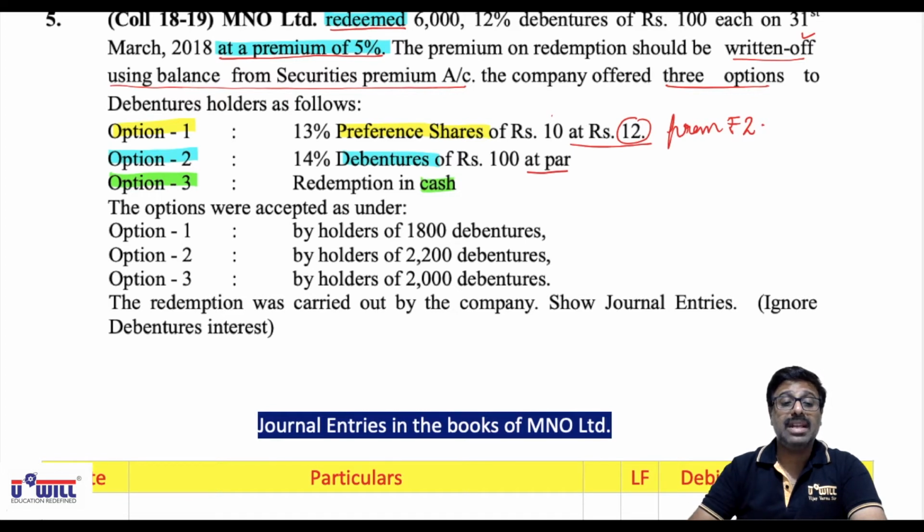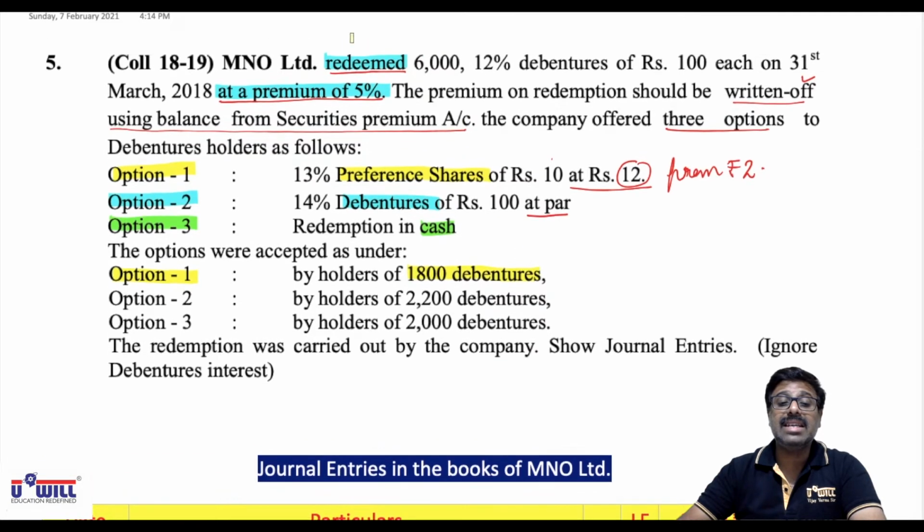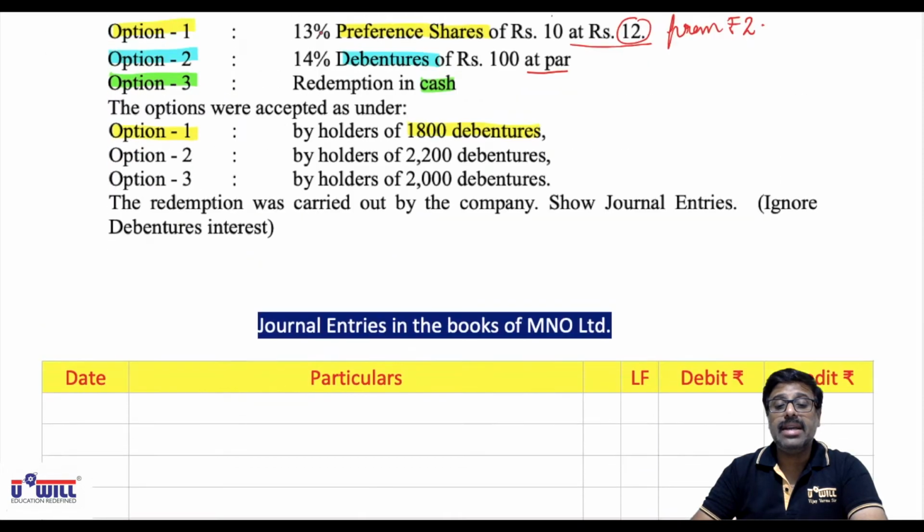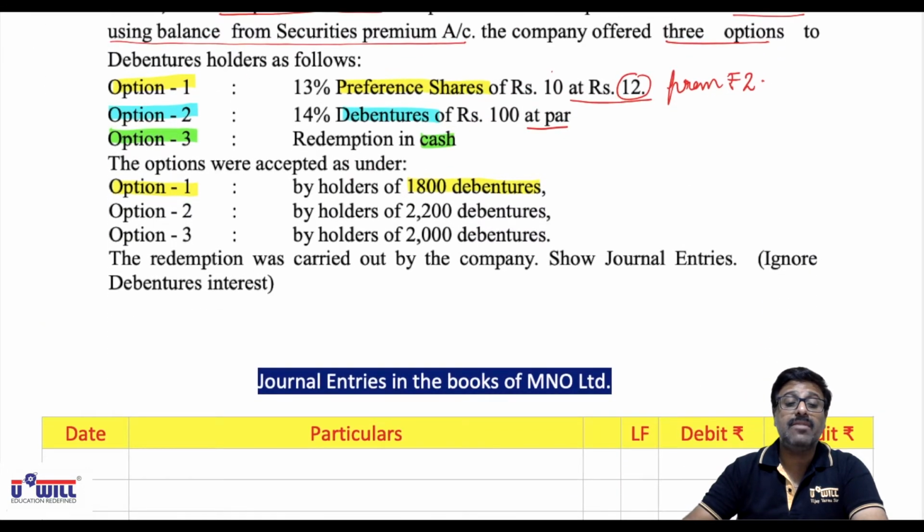Now what options were exercised by the debenture holders? Option 1, that is preference shares, was taken by holders of 1800 debentures out of 6000 debentures. Option 2, that is debentures, was taken by holders of 2200 debentures, and option 3, that is cash, by holders of 2000 debentures.